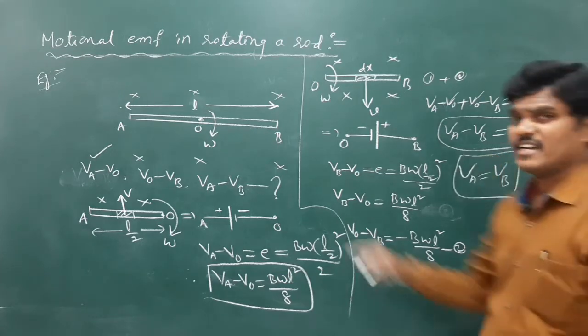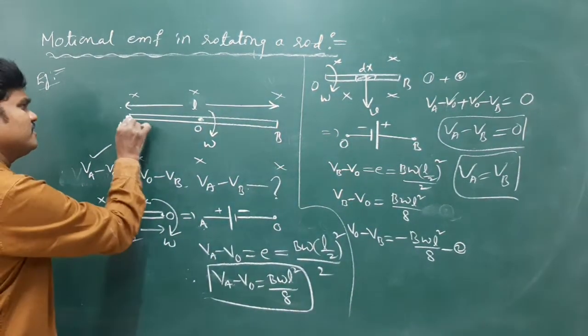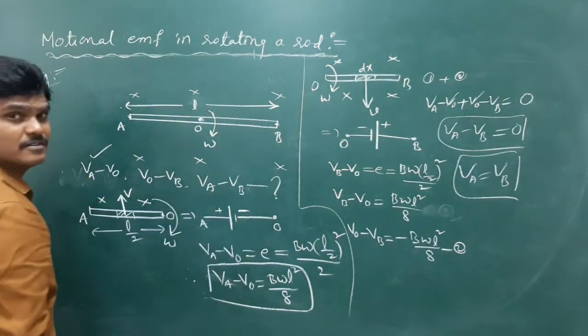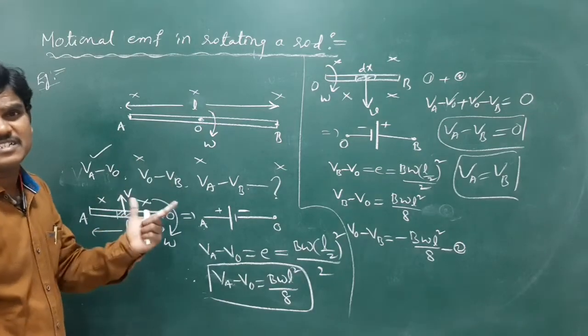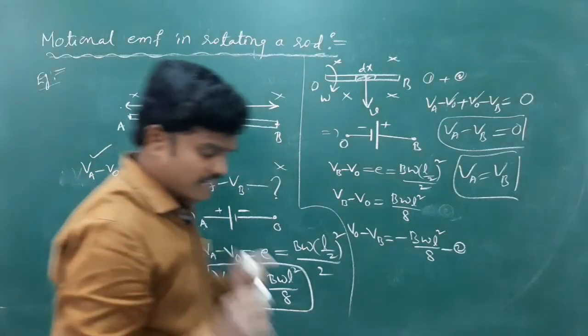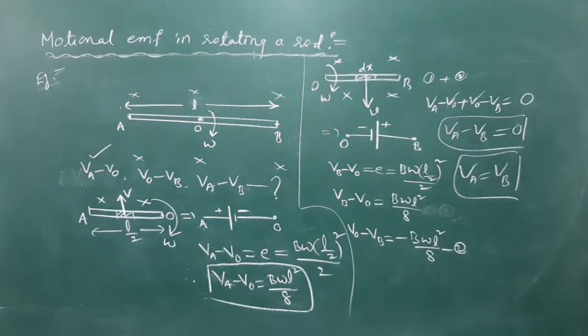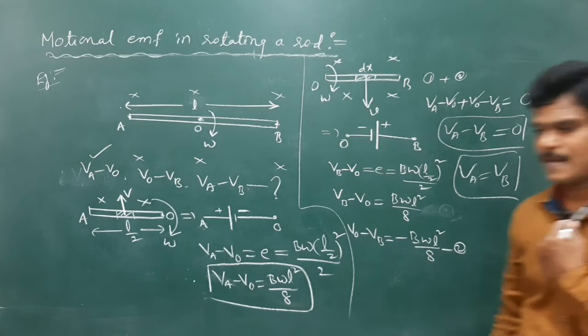So the potential at left is equivalent to the potential at right. So these corner potentials are the same. That is, they are equipotential surfaces. Potentials at the ends of the rod are equal. So VA is equivalent to VB.